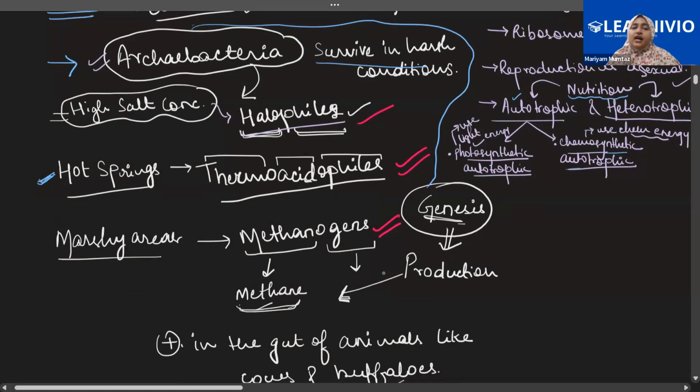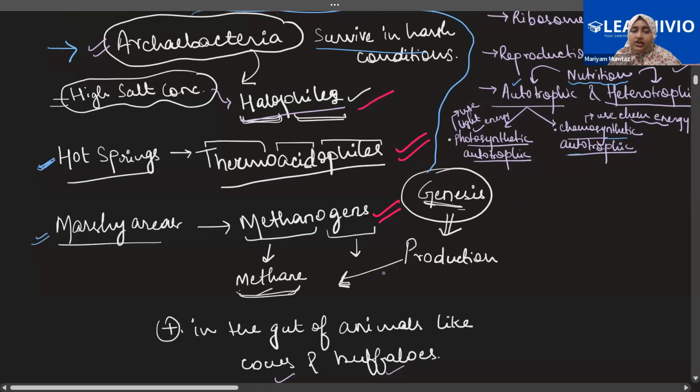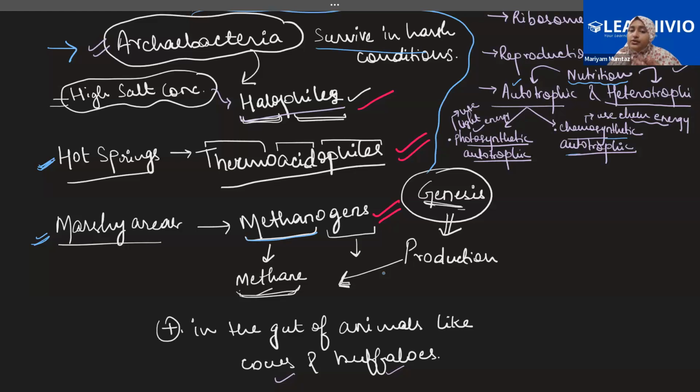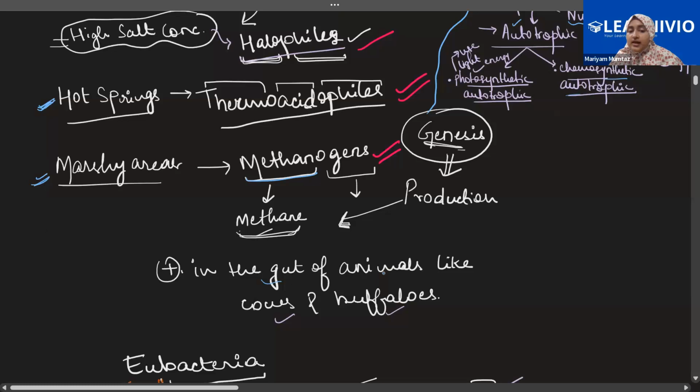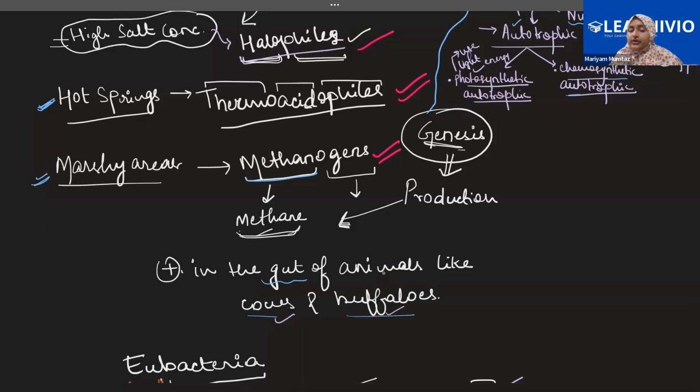Then there are some that live in marshy areas, known as the methanogens. They can produce methane, and mostly they are also present in the digestive system of animals such as cows and buffaloes. So halophiles, thermoacidophiles and methanogens are extreme habitat living organisms, and they come under the group archaebacteria.